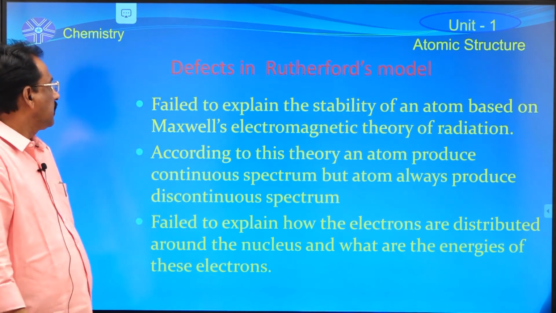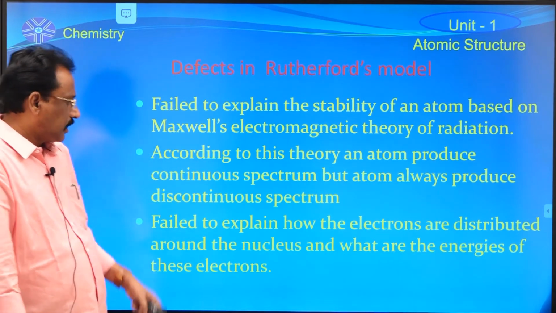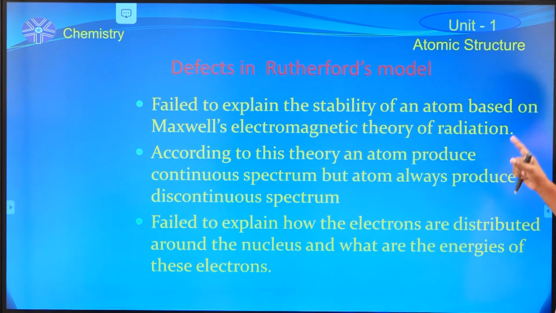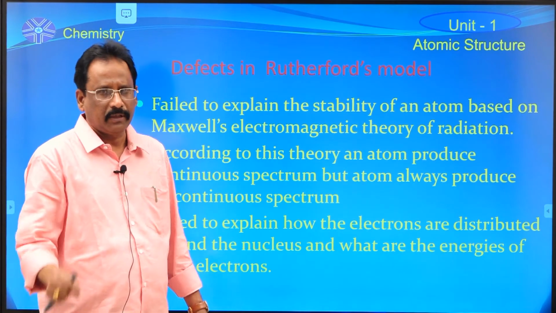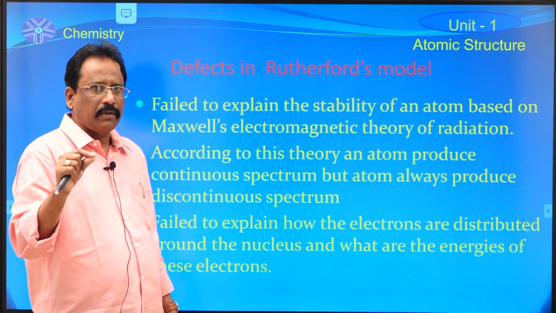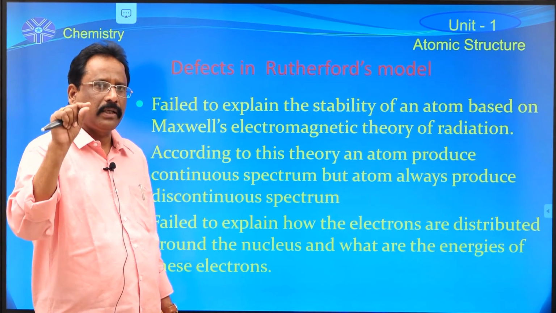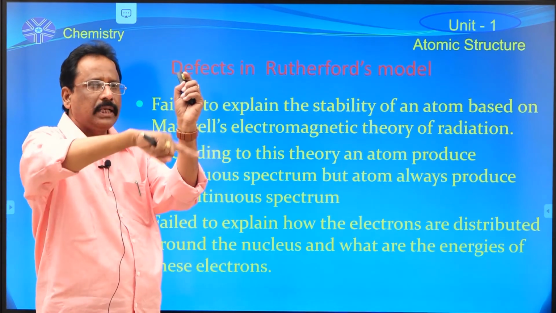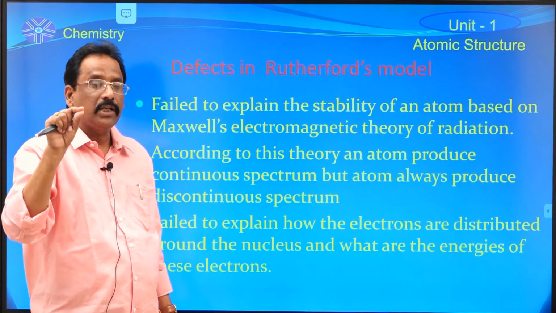And there are so many defects in this atomic model. The first defect in this atomic model is that this model failed to explain the stability of an atom based on Maxwell's electromagnetic theory. That means the properties of light were proposed by Maxwell. According to Maxwell's electromagnetic theory of radiation, every revolving charged particle must lose its energy continuously.